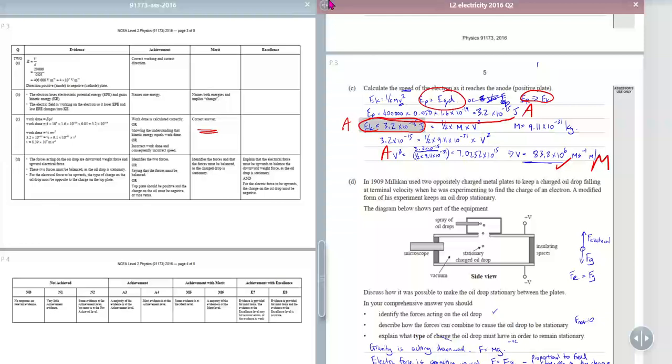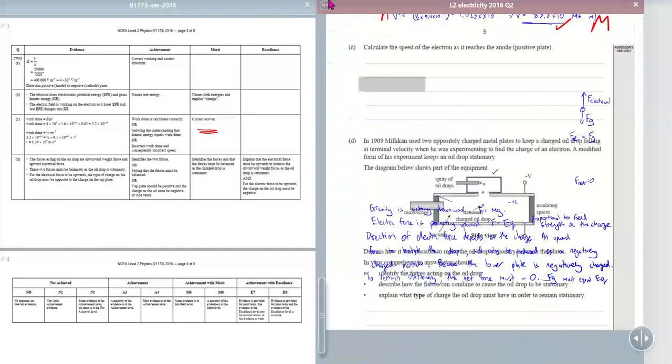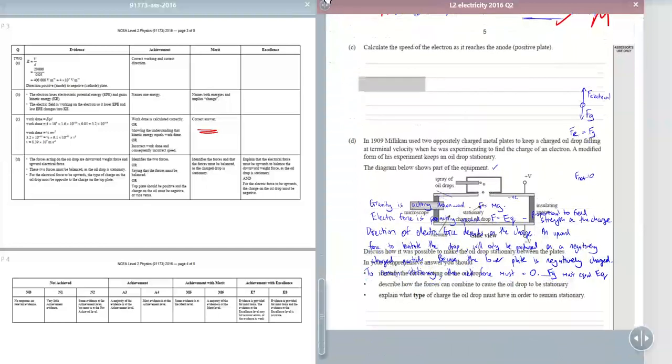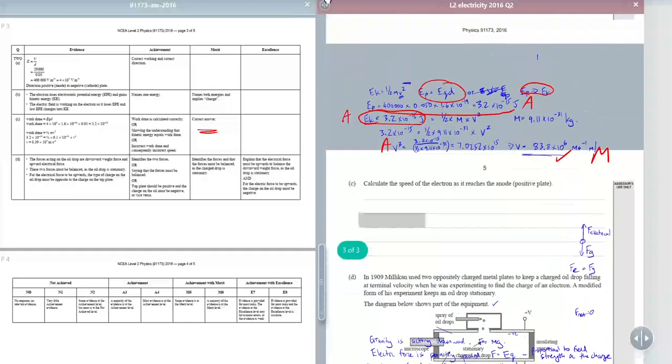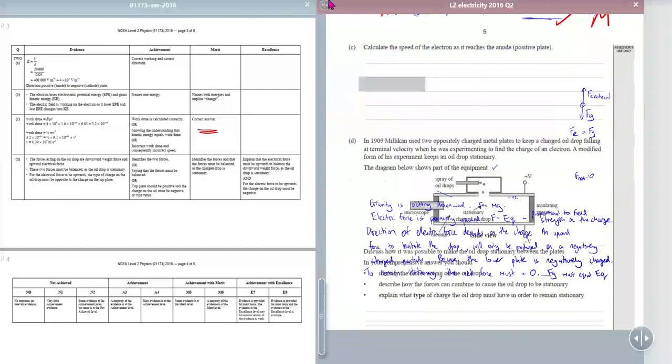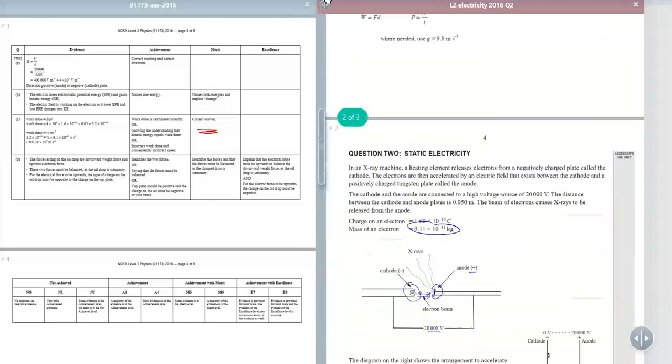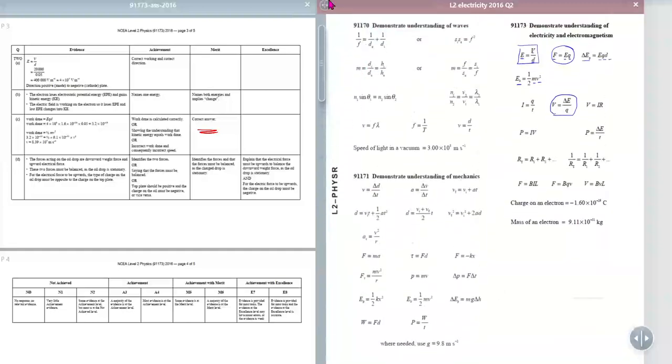And the last part, Millikan's experiment. Why is my text all completely in the wrong place? Oh no, it's not actually Millikan's experiment yet. Yes, it is. Oh dear. Let's just see if we can get it to redraw completely.